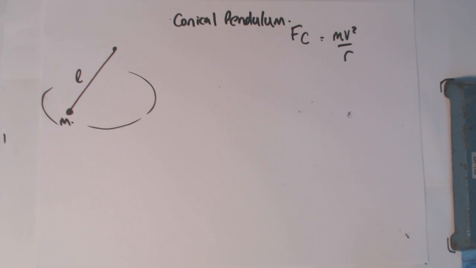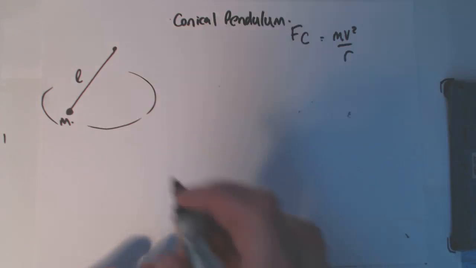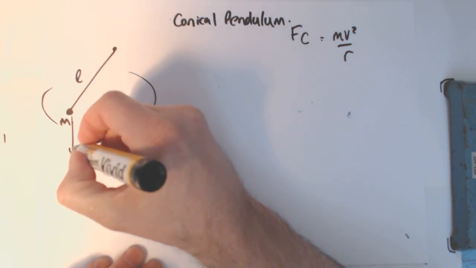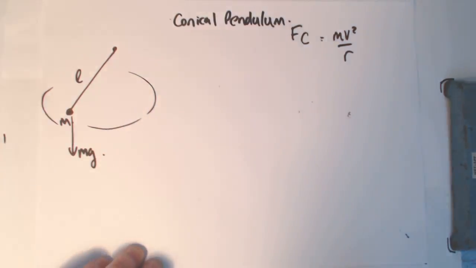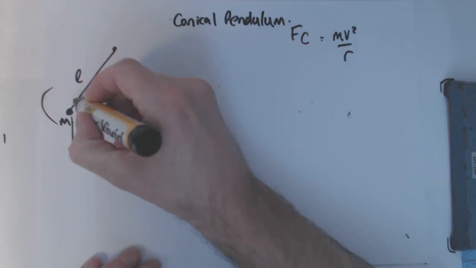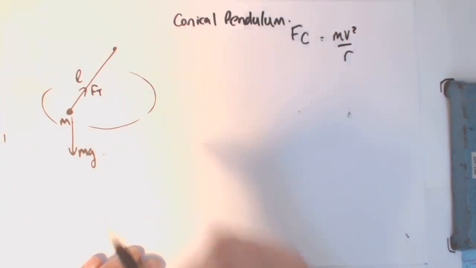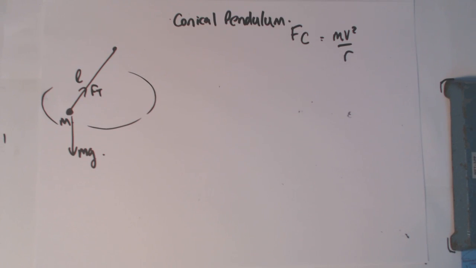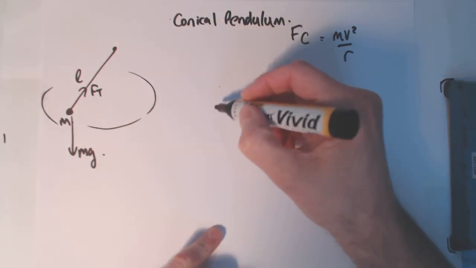So where's that force going to come from with the conical pendulum? Well, we've got only two forces acting on this pendulum: mg, which is the weight force, and a tension force, Ft, in the string. Those are the only two forces. So if we draw a force diagram, those are the only two forces we can actually draw, apart from a net force.